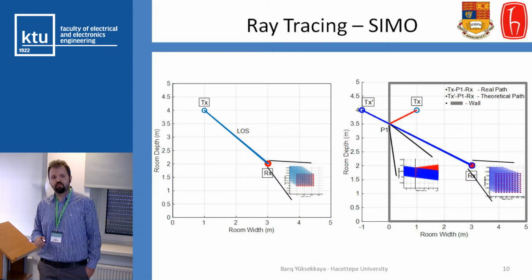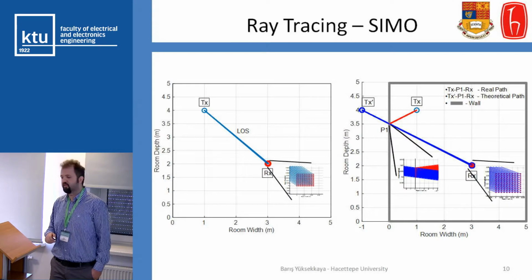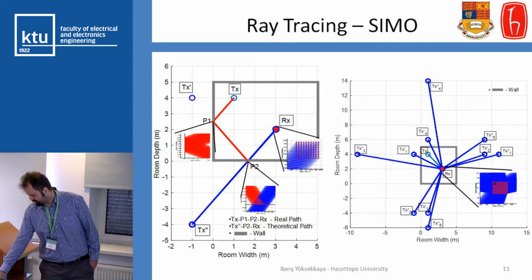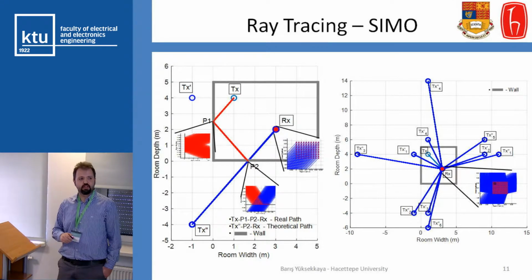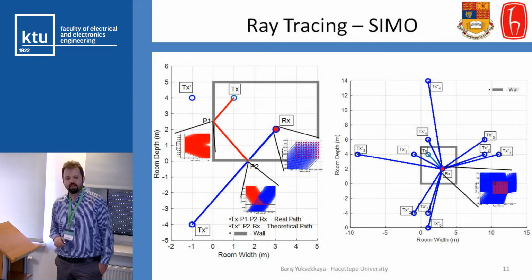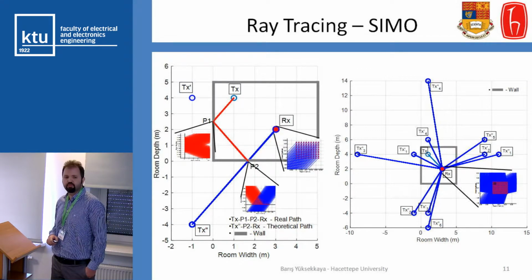And we have first order reflection paths, again 100 paths for each first order reflection. And we have again the second order paths, 100 paths for each antenna. And the channel impulse response geometry is as shown.